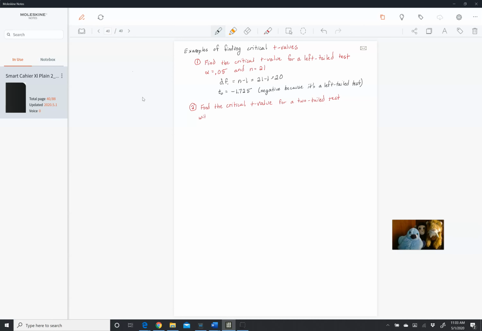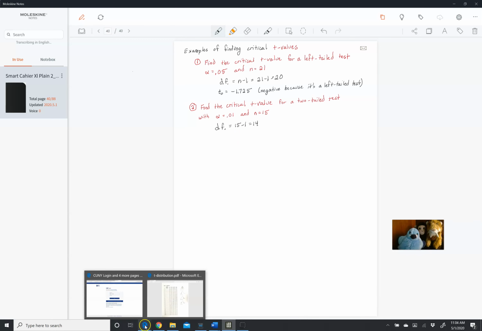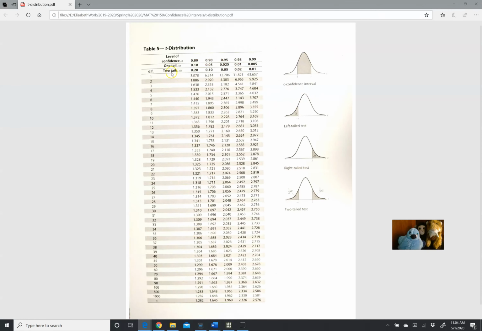In this one, our alpha is equal to 0.01 and our n is equal to 15. Again, you have to identify your degrees of freedom. That's 15 minus 1, which is 14. It's a two-tail test, so we're looking at this bottom row to figure out which column.